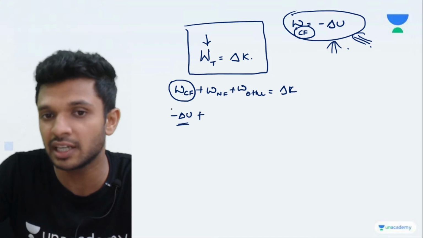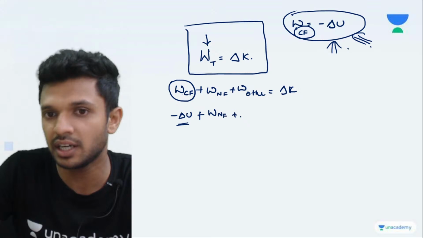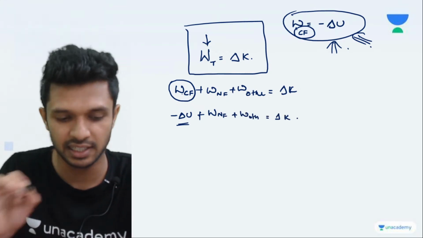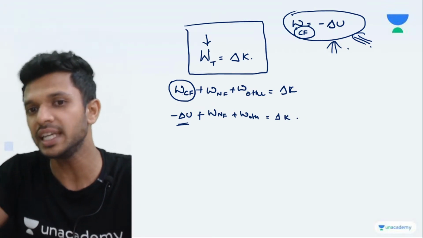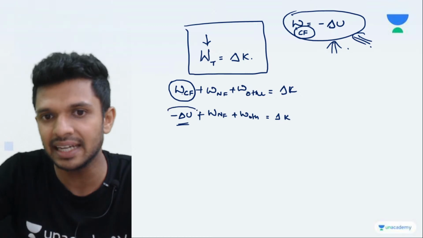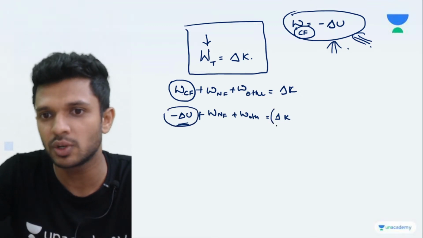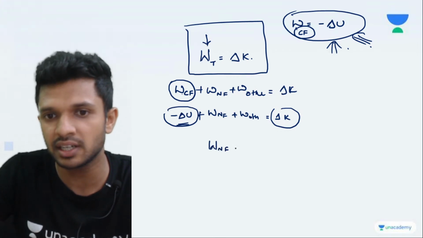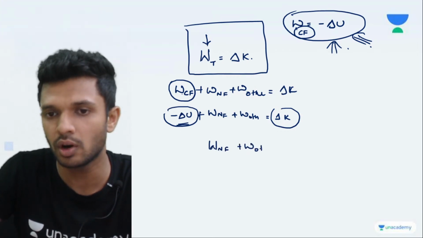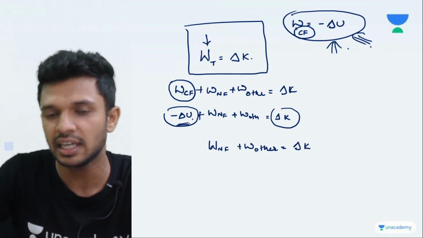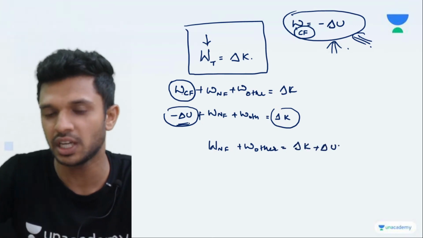Work done by the conservative force is negative change in potential energy. Work done by non-conservative plus work done by other force is equal to change in kinetic energy, right? I'm just going to rearrange this equation. This minus delta U, I'm going to take it to the right side of the equation. So how will it be? Work done by non-conservative forces plus work done by other forces is equal to change in kinetic plus change in potential.